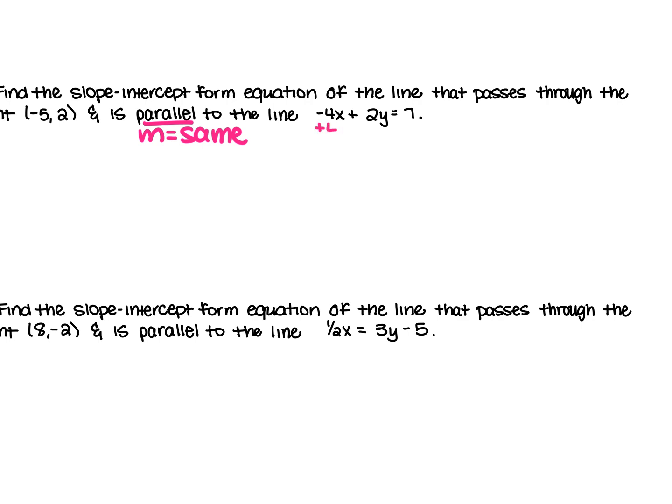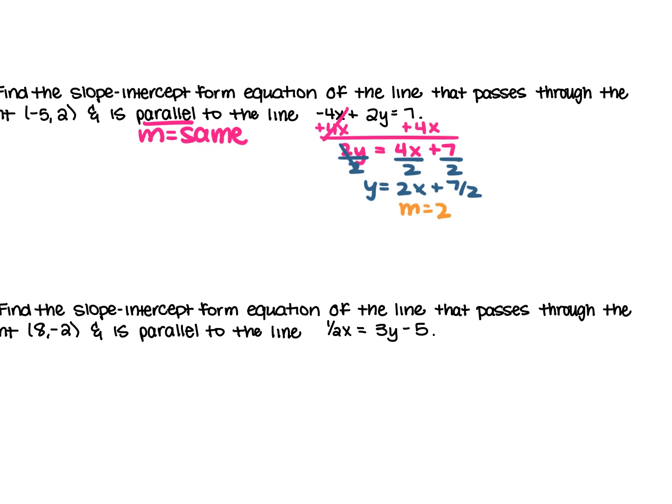For this one, we're going to add the 4x over to try to get it into slope-intercept form. So that's going to be 2y is equal to 4x plus 7. Then we divide everything by 2. So that's y is equal to 2x plus 7/2. The slope of this line is 2.